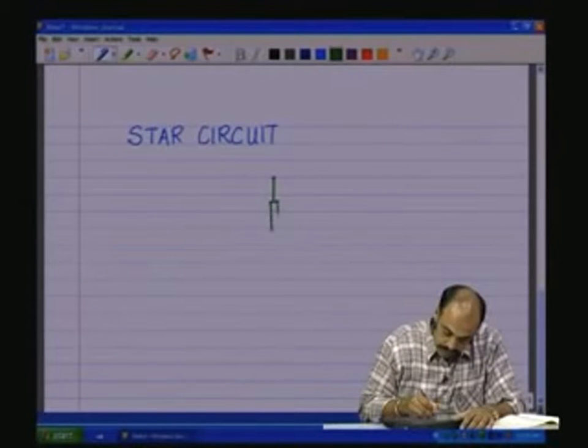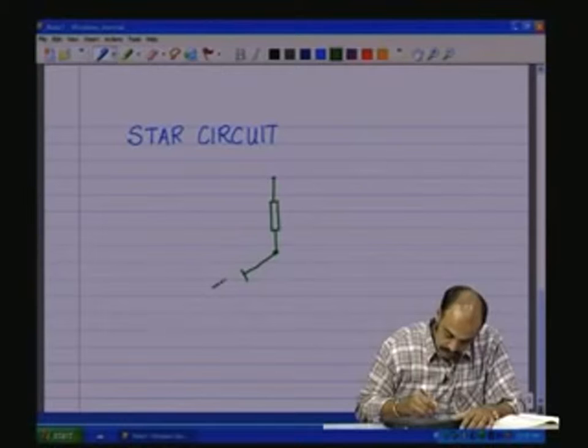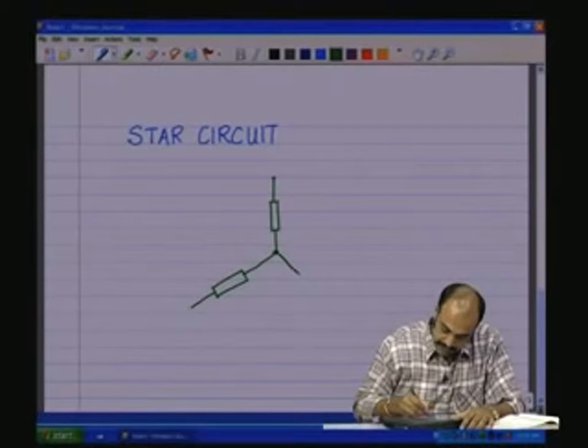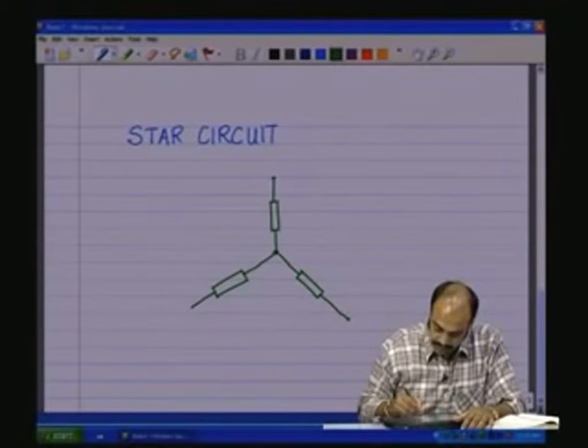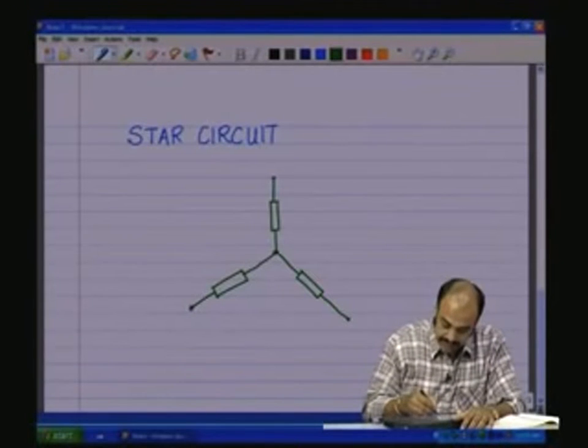We have three loads in this fashion. Now, it is written in this fashion so that it gives an idea that the phasor diagram is 120 degrees displaced with each other. That is the idea, isn't it?